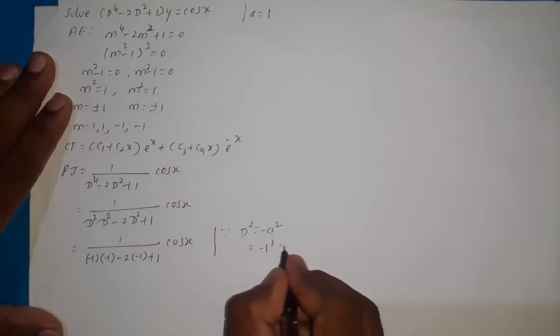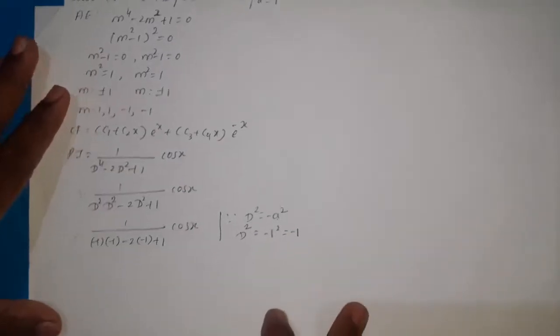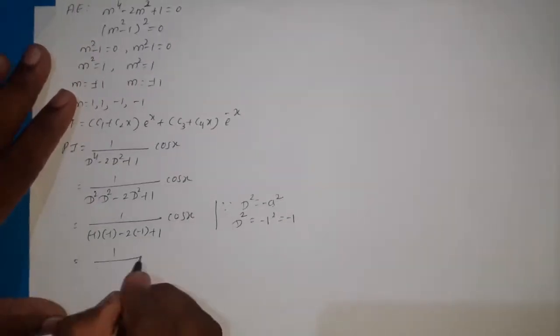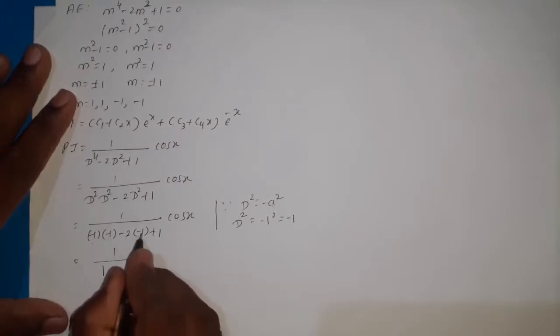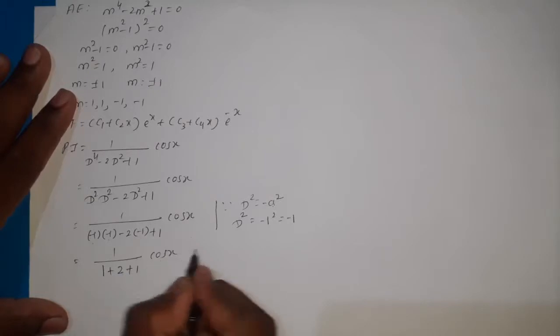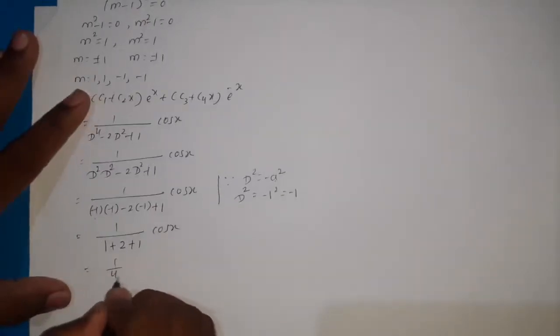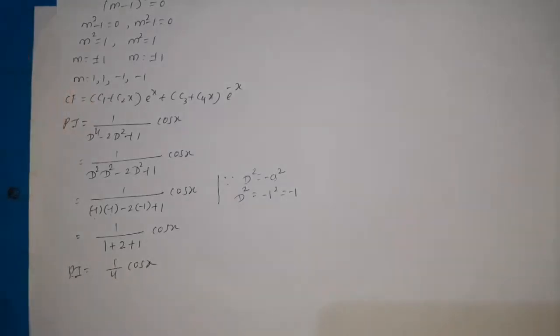Then D^2 = -1. So it is (-1)(-1) - 2(-1) + 1, and minus into minus becomes plus, so 1 + 2 + 1, cos x. It is 1 divided by 4 cos x. So that is the particular integral of the given differential equation.